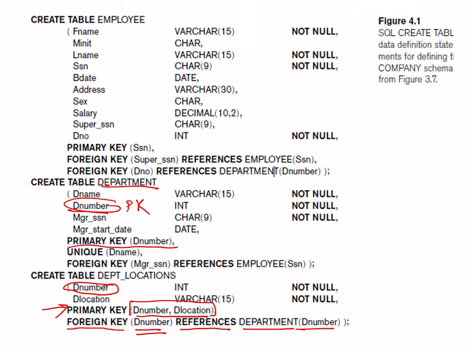So this D number here is a foreign key, and it references the primary key of the department. Then again the same integrity rule will apply: if I mention some department number in this foreign key, it should be present in the primary key. So this is the third table.